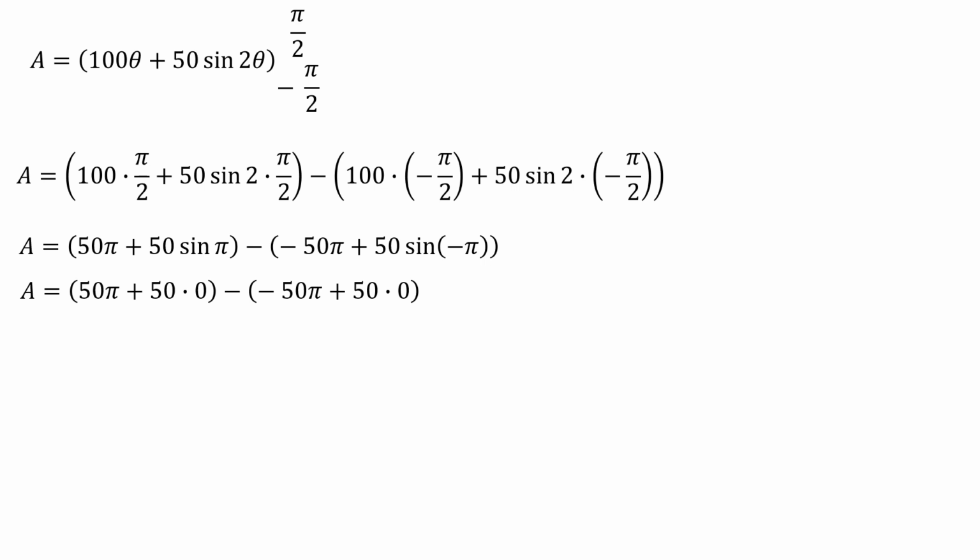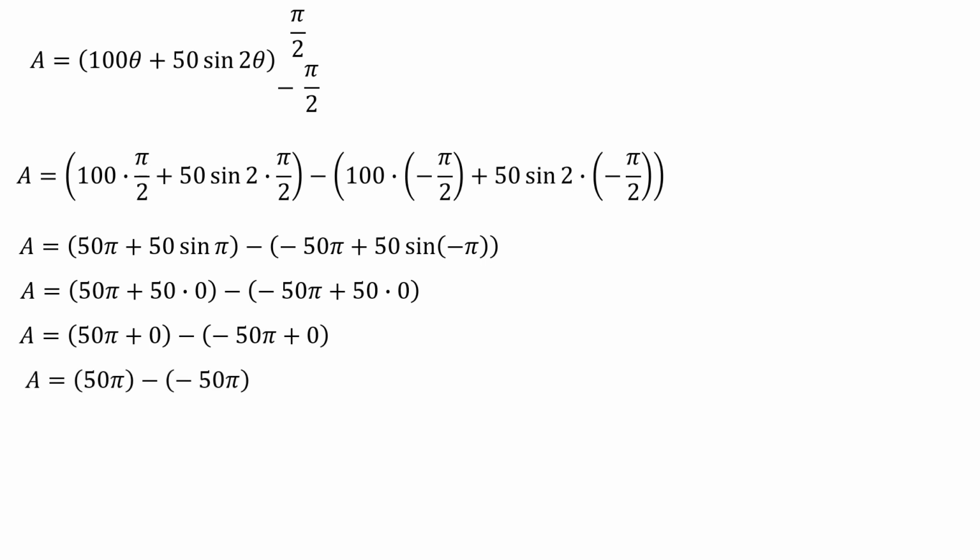If I look at my unit circle and go to pi radians, the value for sine is 0. Or if I go backward around that unit circle, start at 0 and go backwards pi, the value of sine is going to be 0. So 50 times 0, of course, is 0.